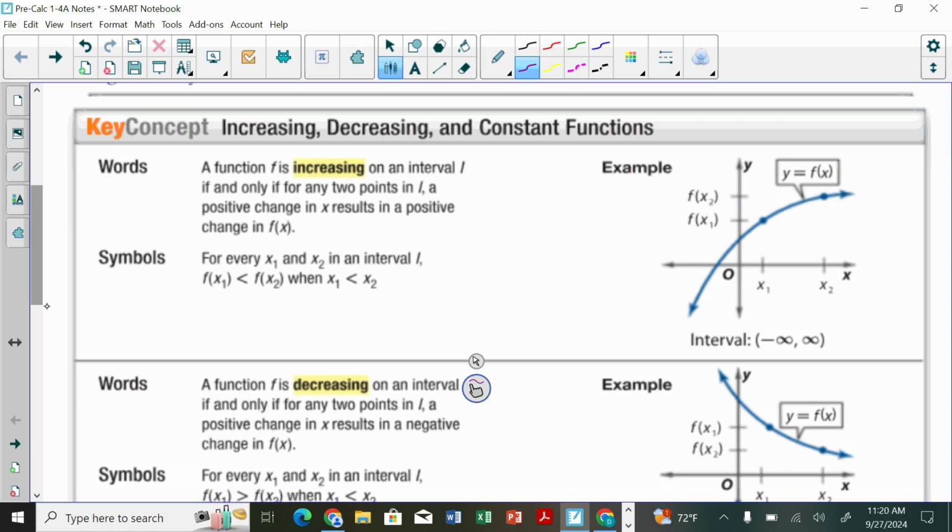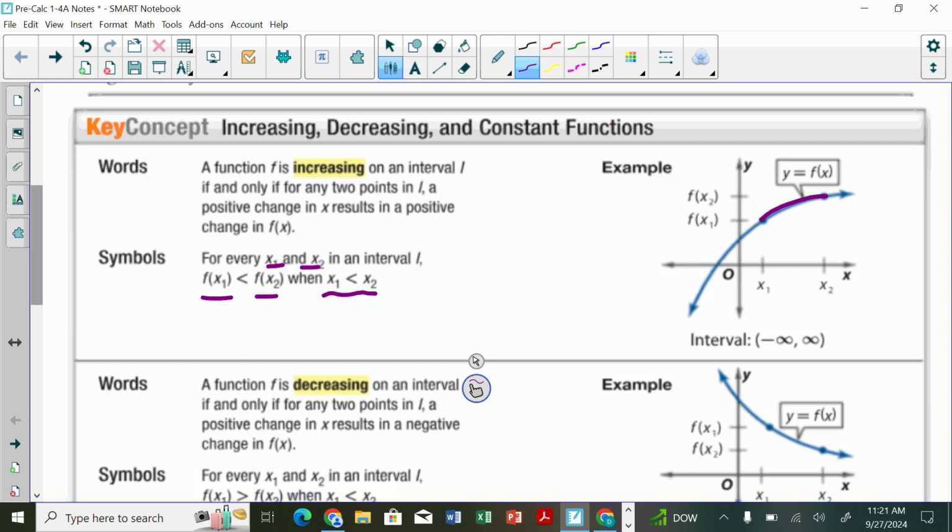So if we have 2 points, say x1 and x2 here, in an interval, they're calling that interval L here, if f of x1 is less than f of x2 when the same is true for those x points, so if the y values rise when the x value rises, that's increasing.